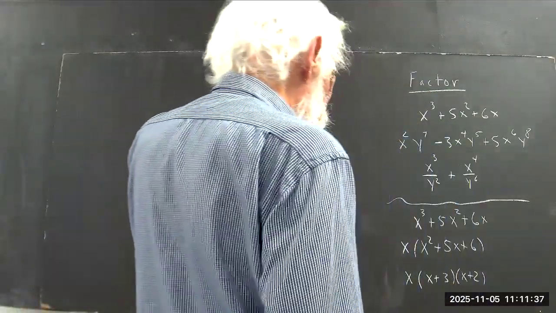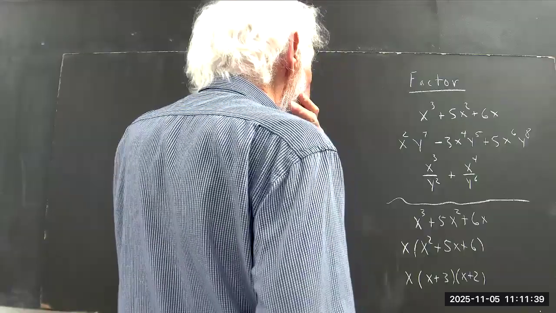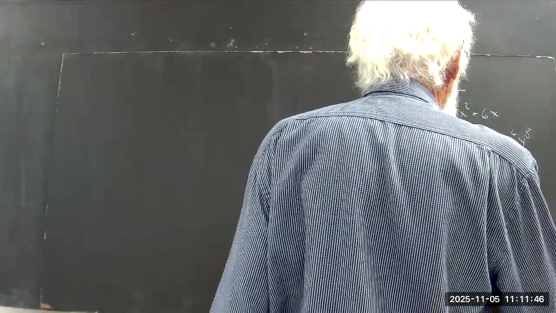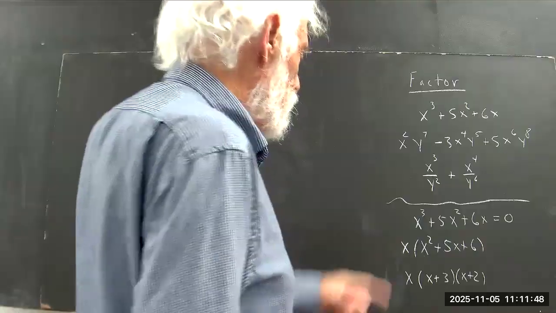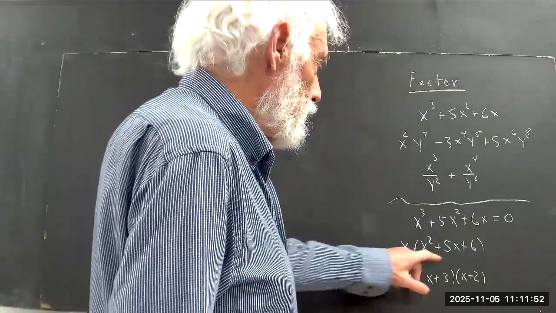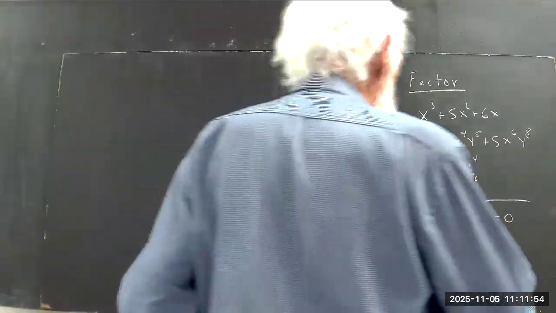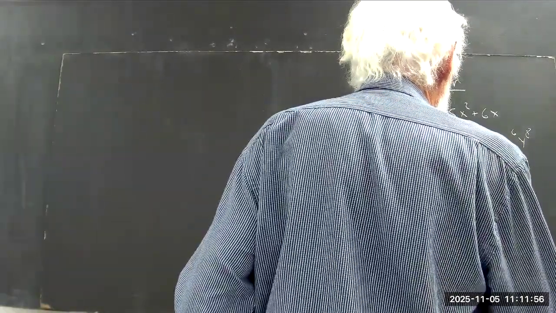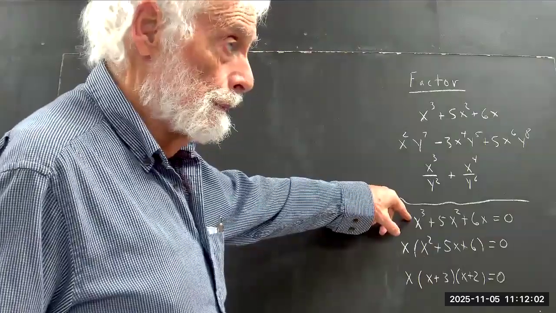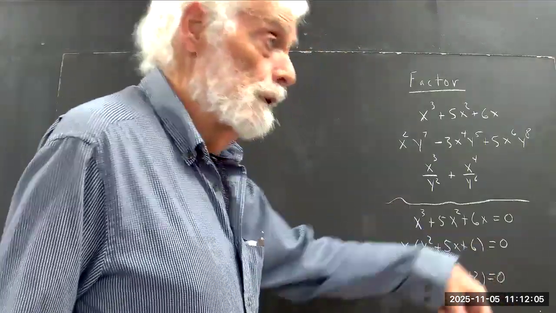If this was an equation, just to give you a preview, with this equal to 0, then of course we'd say that both of these expressions, which are equivalent to this one, would be equal to 0.